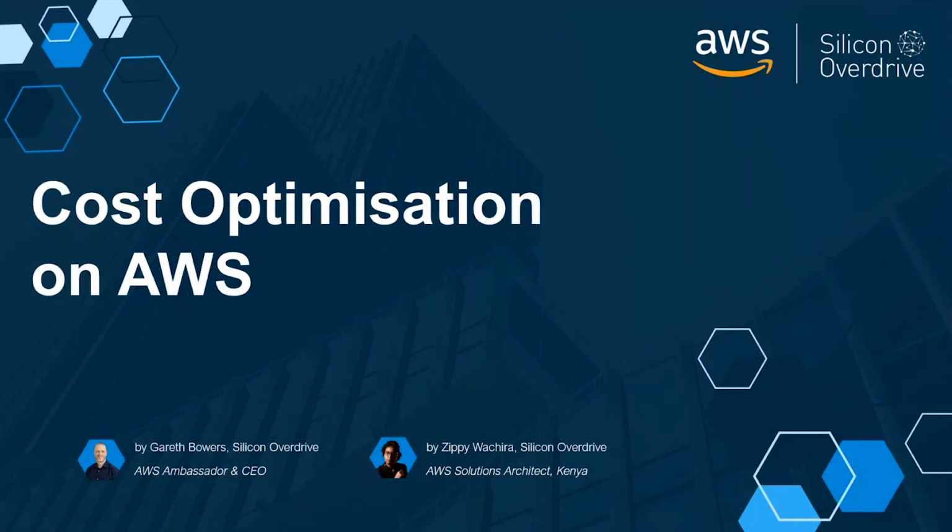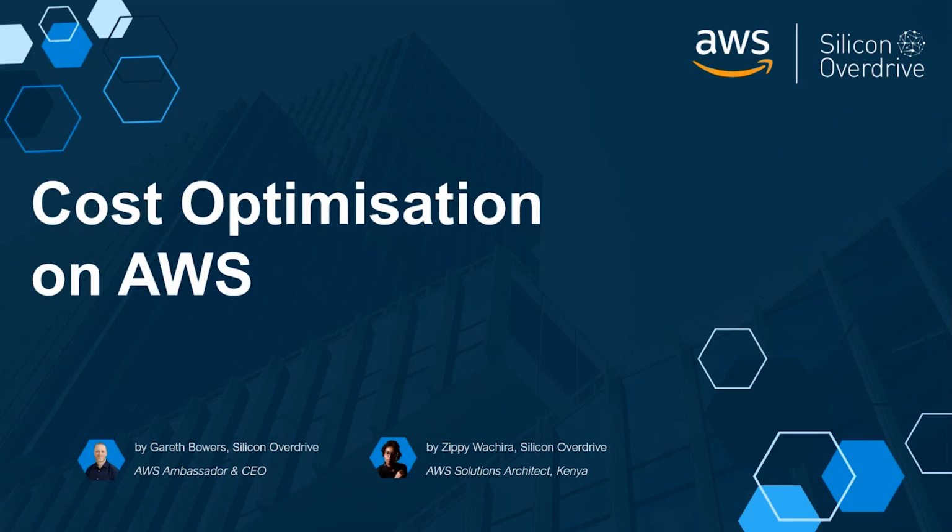Okay, guys, so today we're going to be looking at cost optimization on AWS. We'll look at what the things to consider are, the factors to consider from a cost optimization perspective, and a few tips and tricks based on our experience on how to optimize costs, both post and pre-deployment, and a few other items.